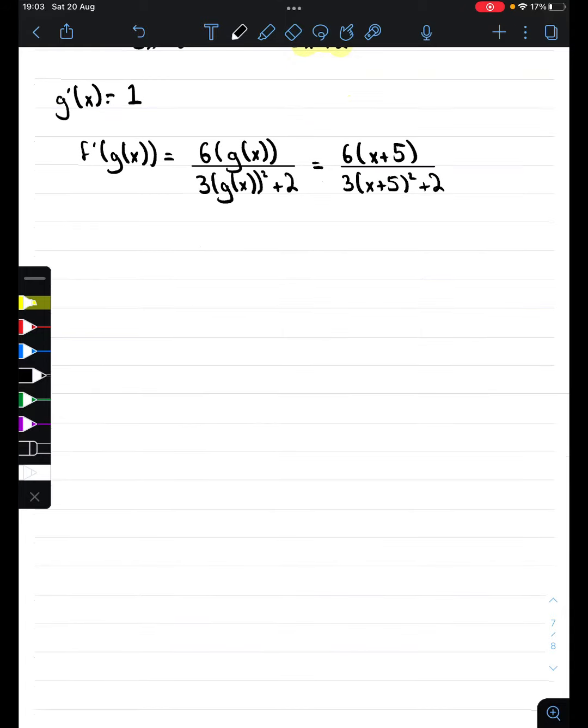Then we have to multiply this out. We get 6x plus 30 all over 3x squared plus 10x plus 25 plus 2.